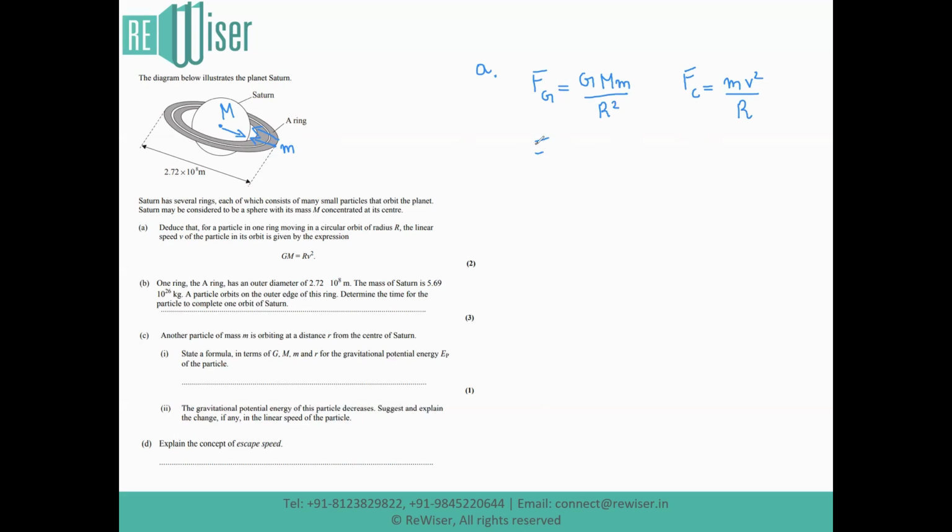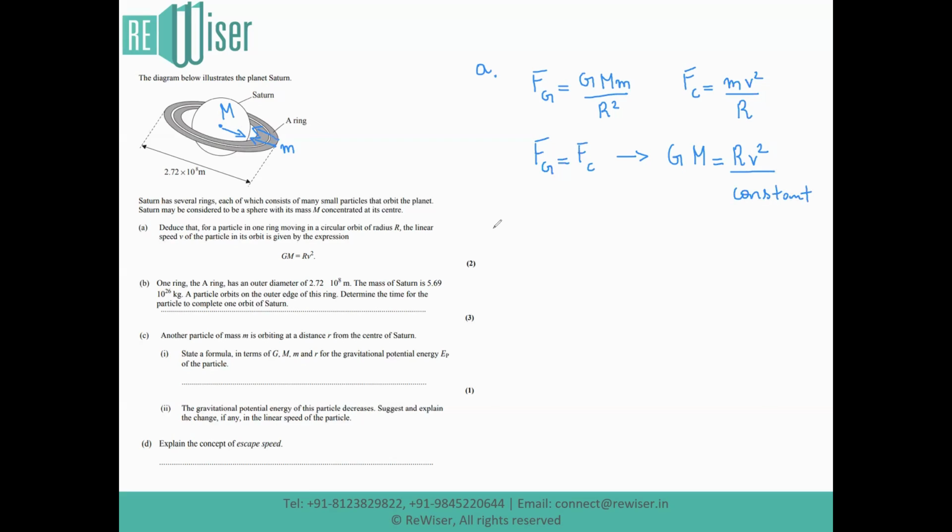Hence, we equate gravitational force to centripetal force, and simplifying further, we get the relationship GM = Rv². This also helps us understand that since G and M are constants, Rv² is also a constant.